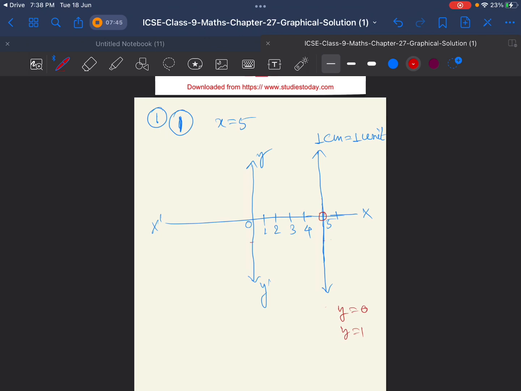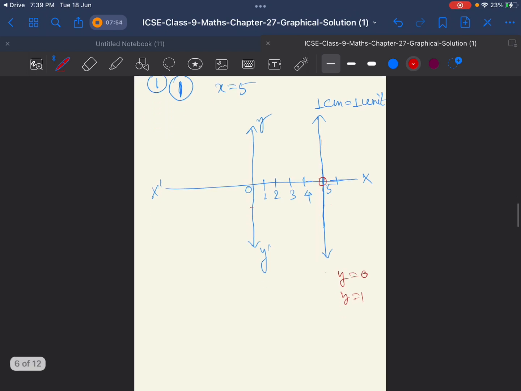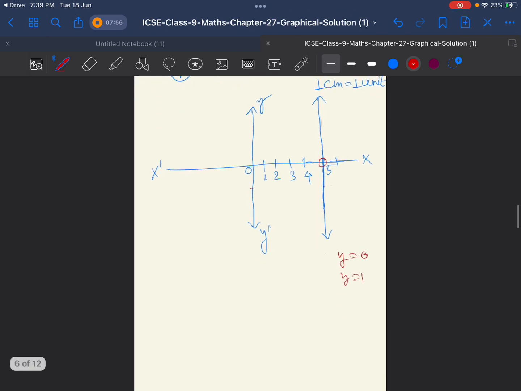When x equals to 5, then the value of y will be -1. So this line is parallel to y-axis.